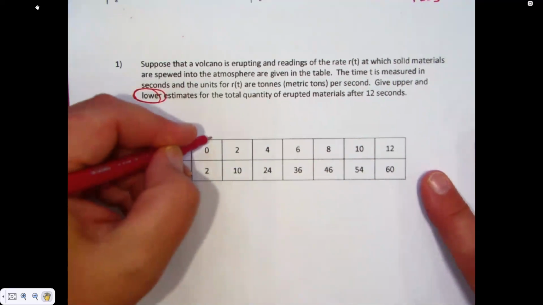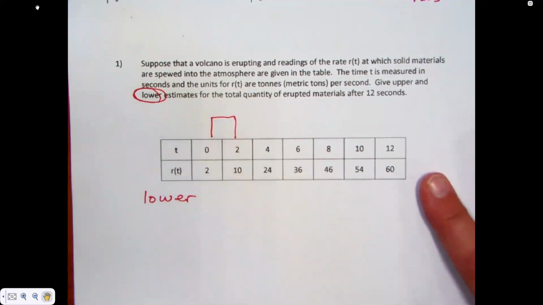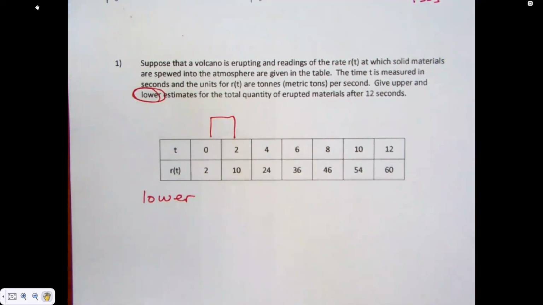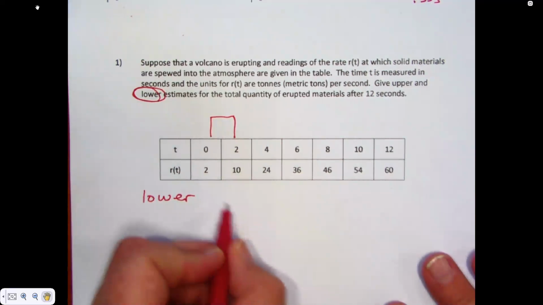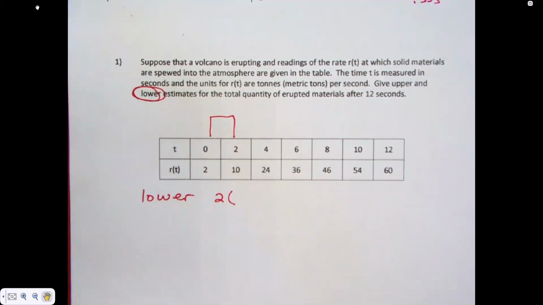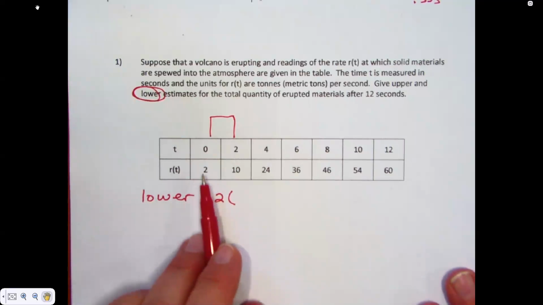My first rectangle is here. What's the width? The width is 2. And what's the height if I'm using lower? Remember, this is just an estimate. So the lower would be the y value on the left, which is 2.